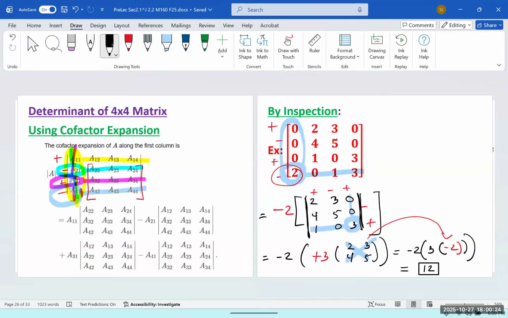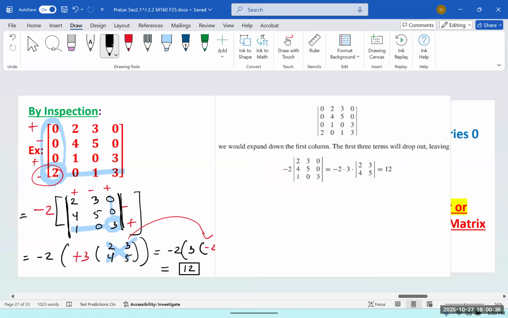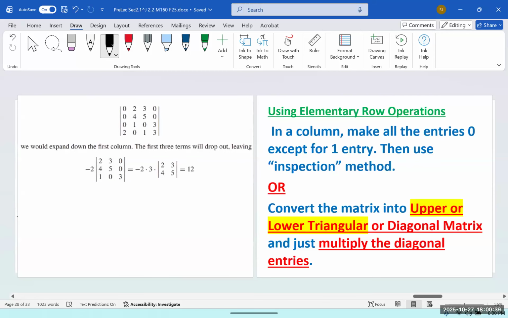However, if you find that your matrix has no zeros, and you don't want to find all these cofactors again and again, then there is another method. It's called elimination operation, I forgot the name.